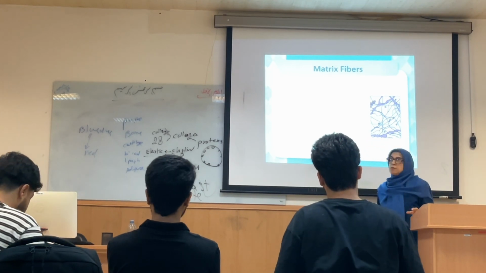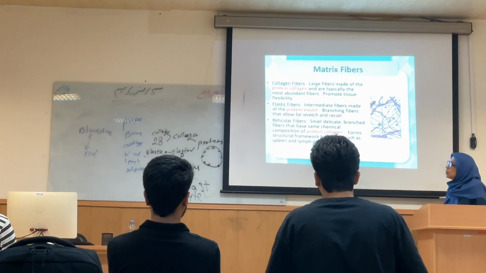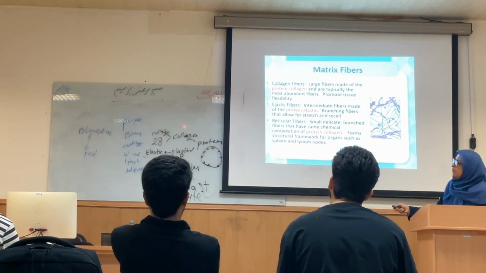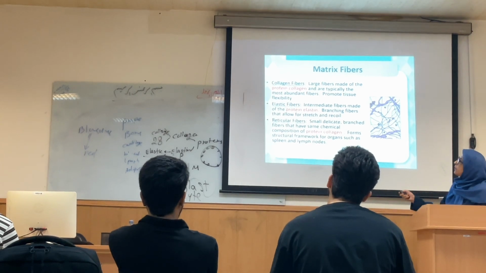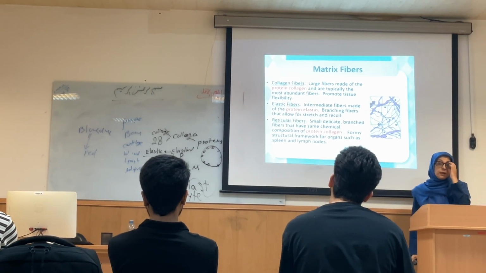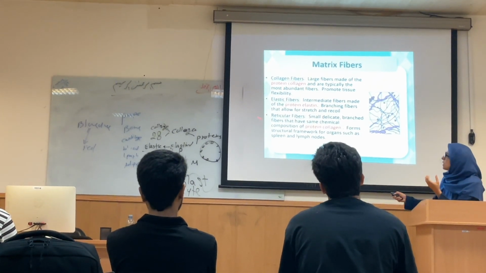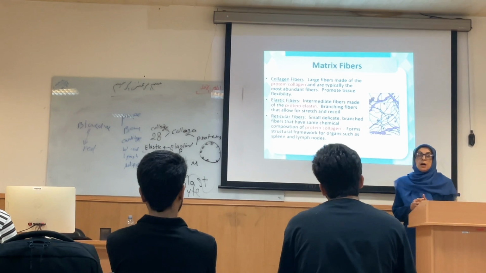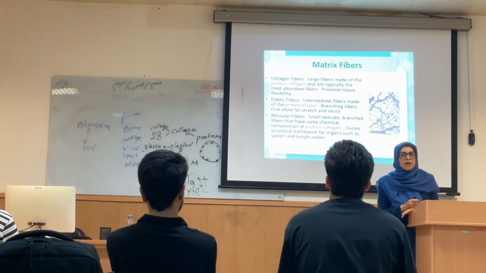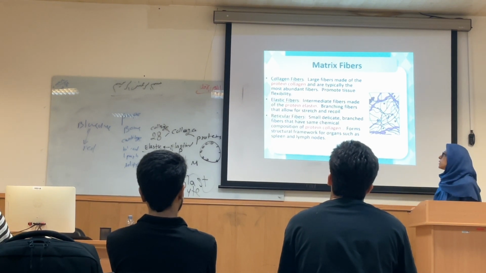The matrix fibers have three types, but they include two types of proteins. Collagen fibers and reticular fibers, both of them have subunits that include the collagen proteins. But because the reticular fibers are more sparse in our body compared to the other type of collagen fibers, some books divide them as a third type of fiber.